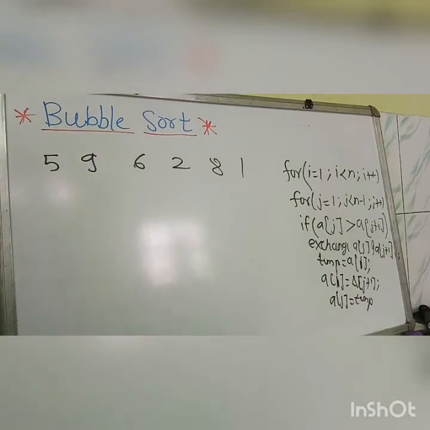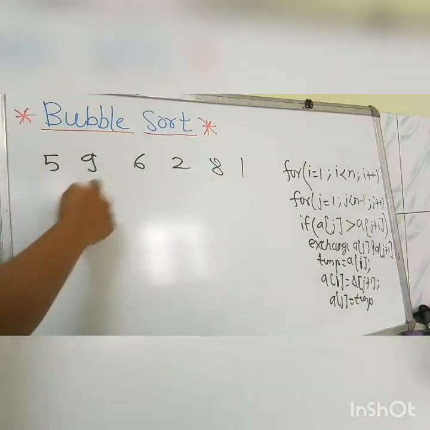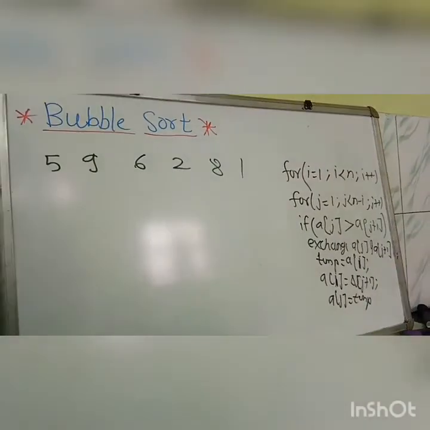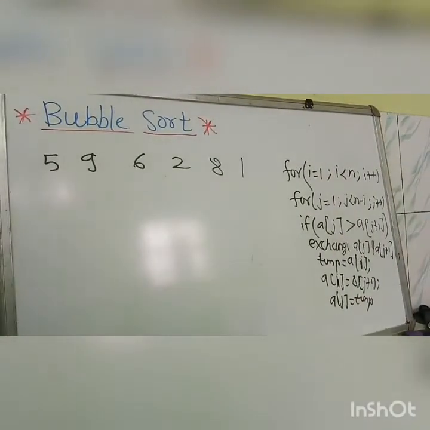First of all, what we have to do in these cases: we compare the first element with the second, second with third, third with fourth, and so on. In such cases, we are going through pass first. Then in the next turn we cover pass second, and so on. This is known as the passes.